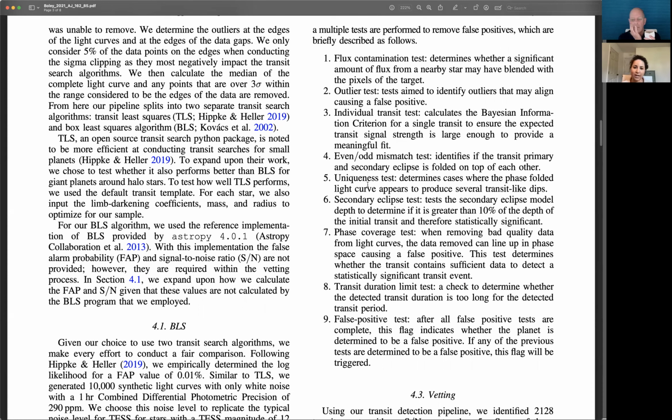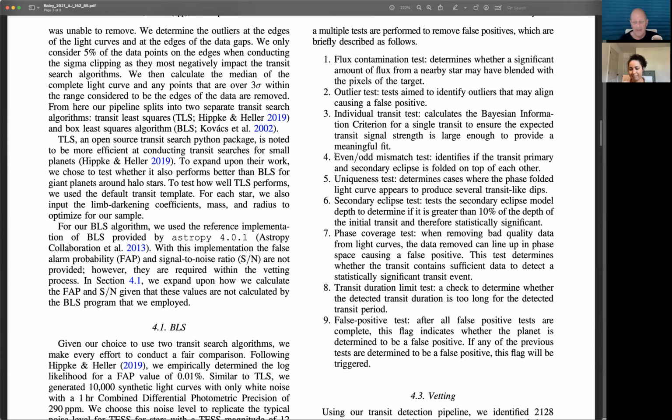They've got a flux contamination test, outlier test, even-odd match test, basically all of these different things to try and make sure that the light curve we're looking at is not a false positive immediately, because sometimes you'll look at these light curves and they'll look really convincing and you're like, I found a planet, and oops, it won't be once you start doing observations. So you definitely want to weed out any false positives.